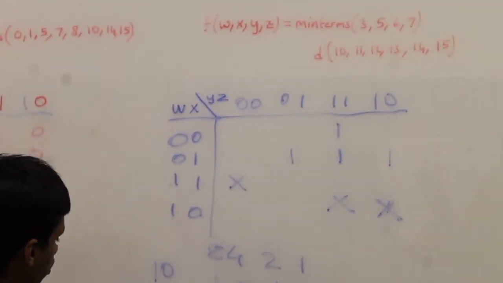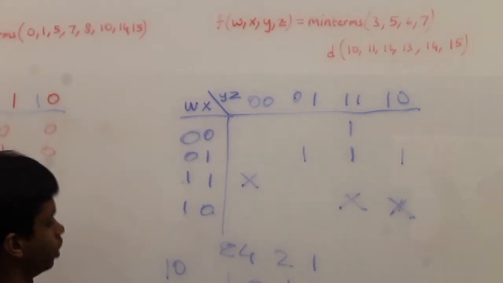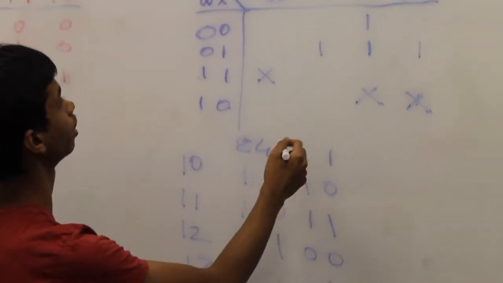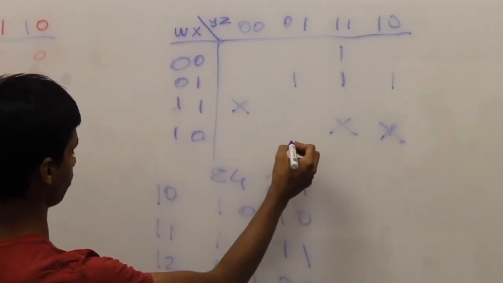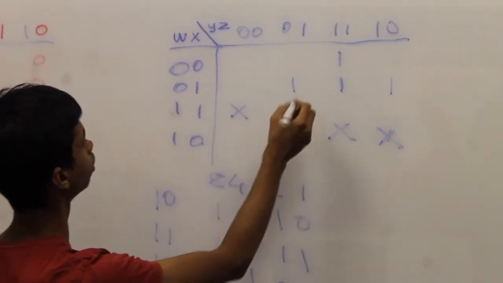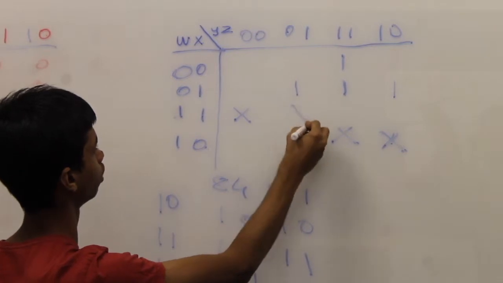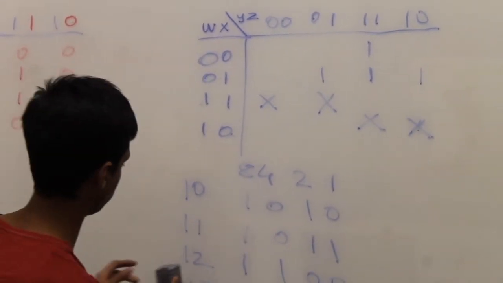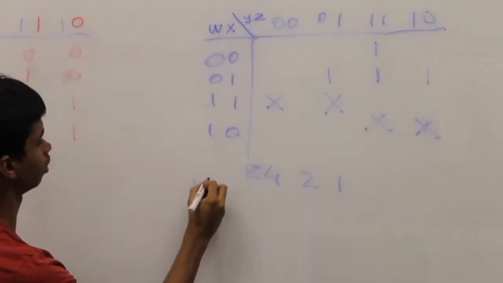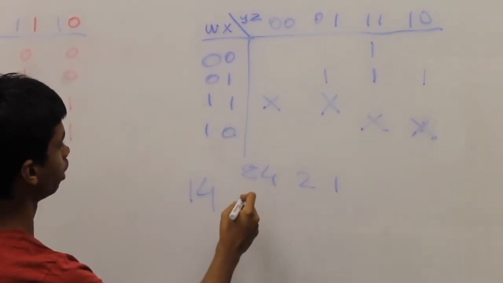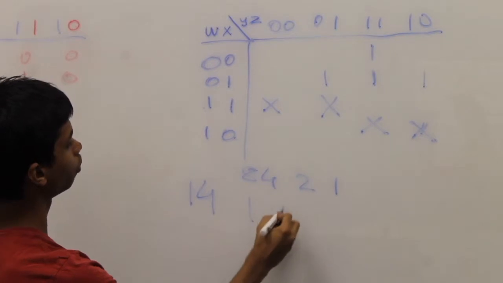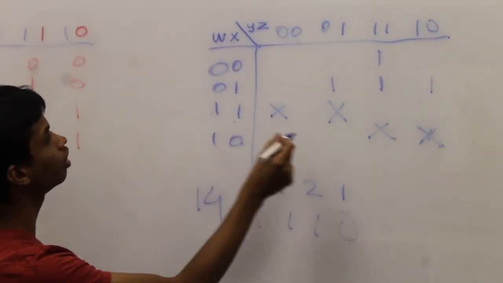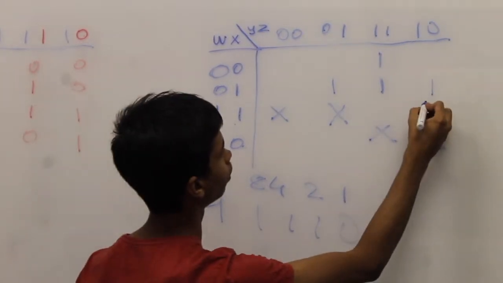13, which is 1, 1, 0, 1, is here. Now 14 is 1, 1, 1, 0, so we can find it here and we'll write X here. Now 15, the last don't care term, is 1, 1, 1, 1. We can find it here, so we'll write X here.